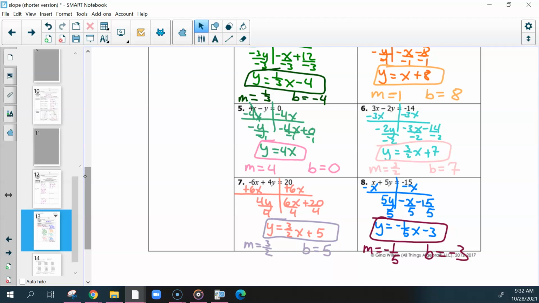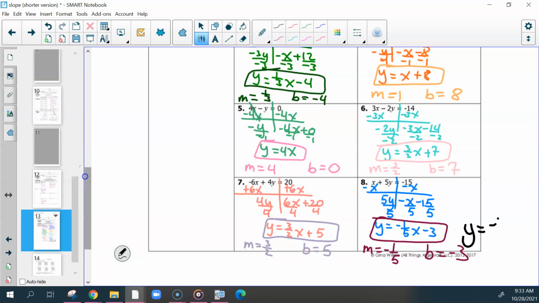Does it have to be 1, like here, the bottom part? Yeah. If you wrote it as negative x over 5 minus 3, that would also be okay. Do we have any other questions on those 4?